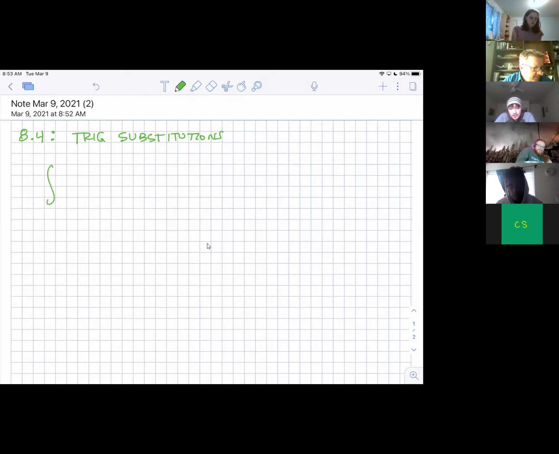Let's say you have the integral of 5 over x squared plus 16. Would you agree, think very carefully with me about this, if I had thrown an x up there, this problem would have been much easier? We don't like the plus sign on the bottom. That's not good.